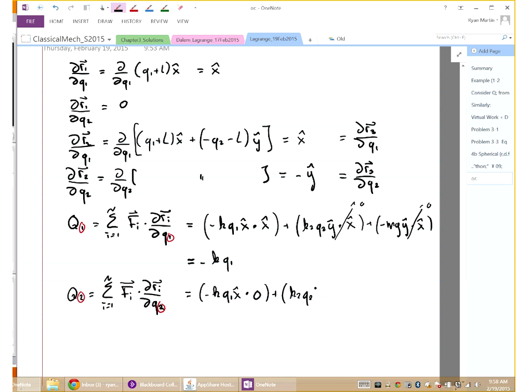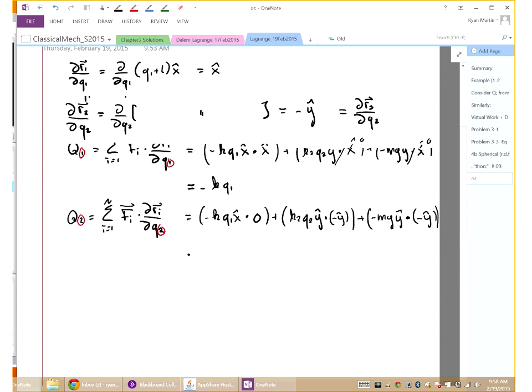The second term is F2. F2 is K2 Q2 y hat. And that's got to be dotted now with ∂R2/∂Q2. So ∂R2/∂Q2 is minus y hat. And finally, the last term, F3, which is minus mg y hat, that's again dotted with the same thing, which is ∂R3/∂Q2.